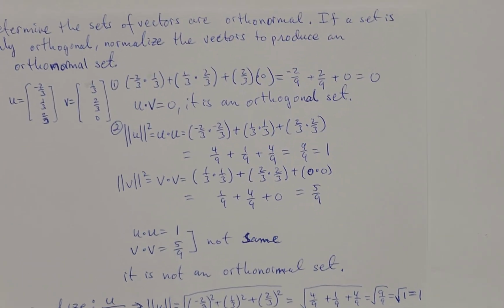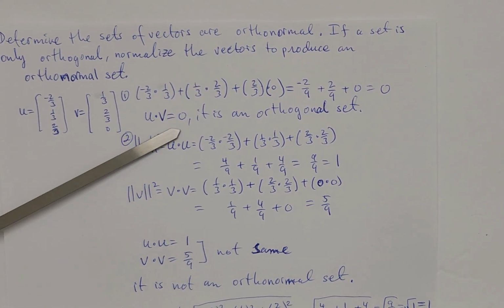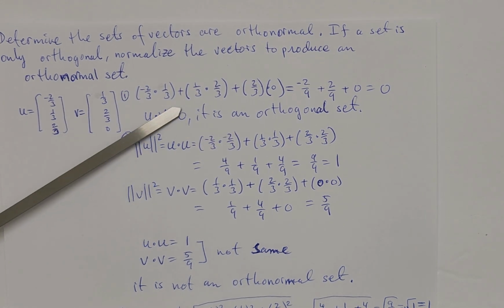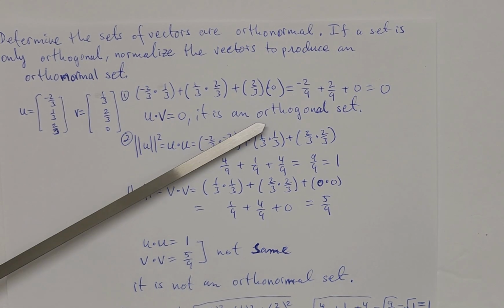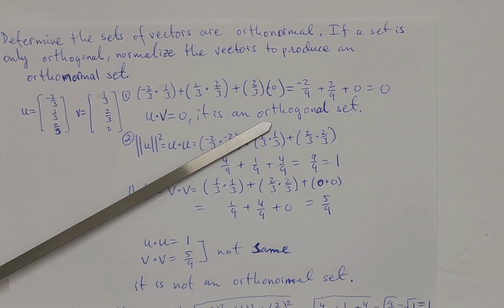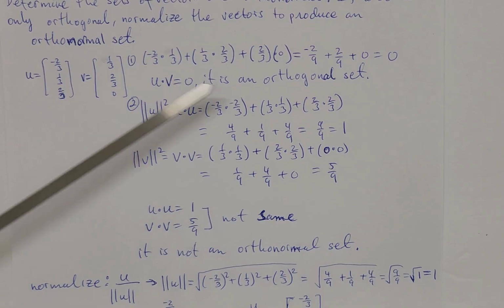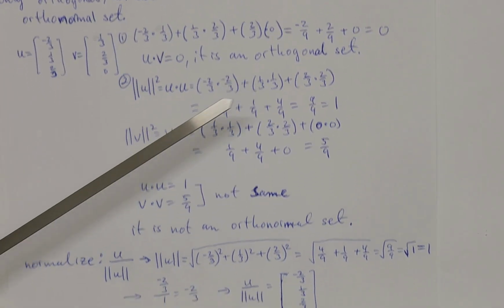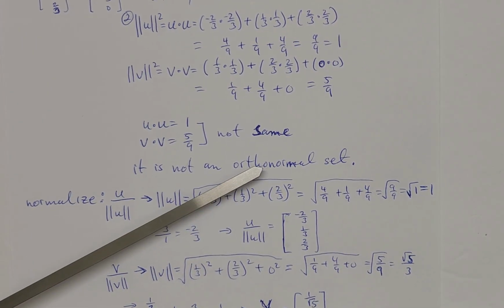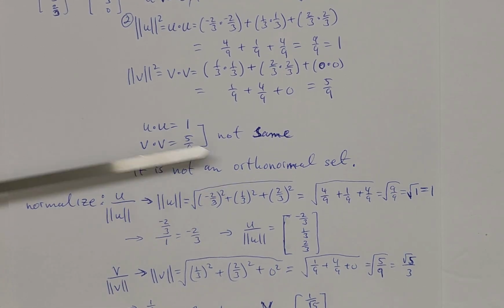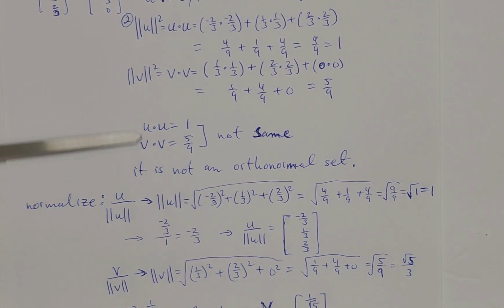So one more time. If this is 0, then it is orthogonal. If this is not 0, then this is not orthogonal. Then we have to check, is it orthonormal? To be orthonormal, these two have to be the same.